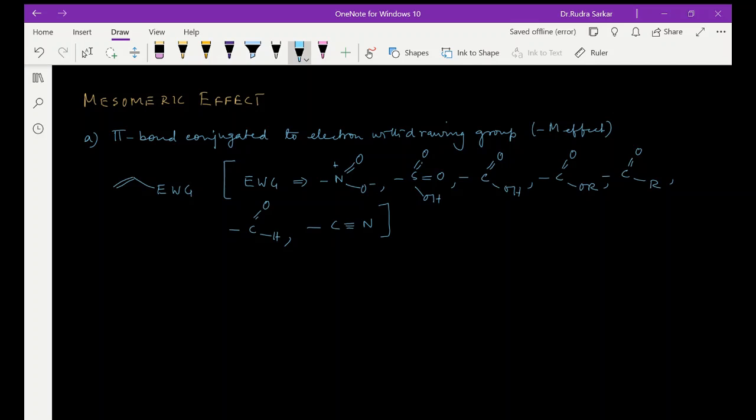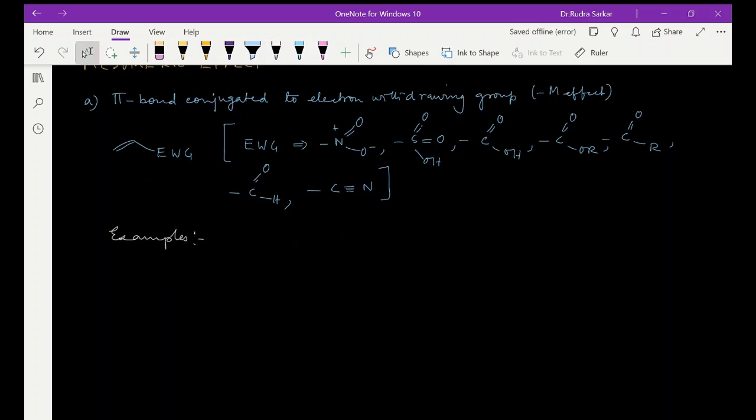Now, let us take some examples. Suppose we are discussing minus M effect. So let's take the nitro group.